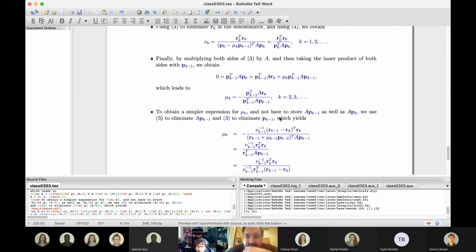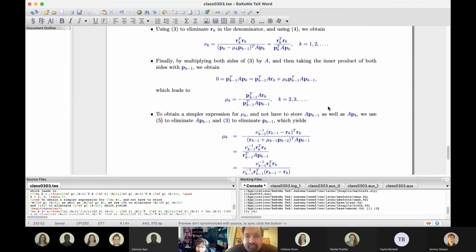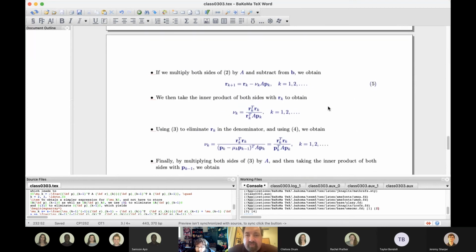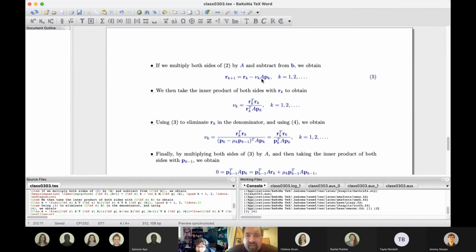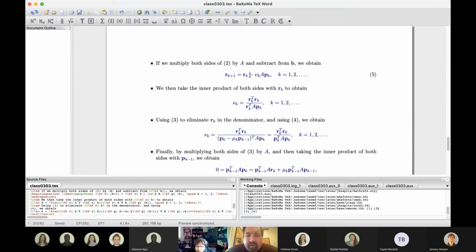So here's what I do. If I go back to this equation right here, I can solve this for A p_k. It's r_{k+1} minus r_k divided by this negated constant here.